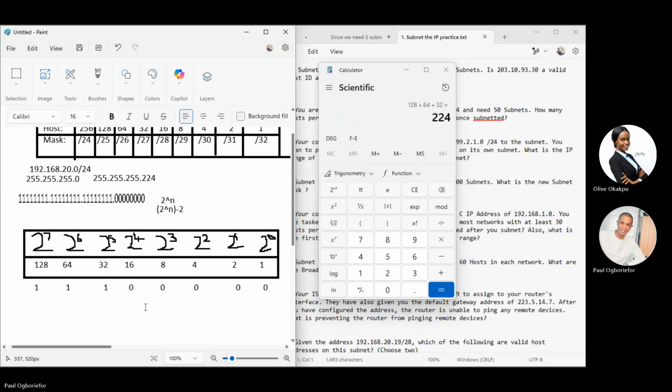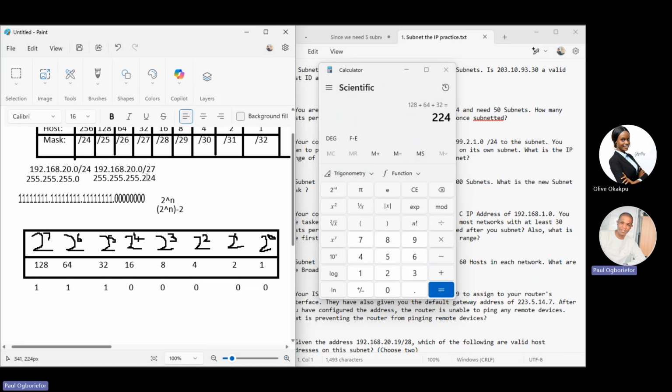192.168.20.0 slash 27. So this will actually now give you this.